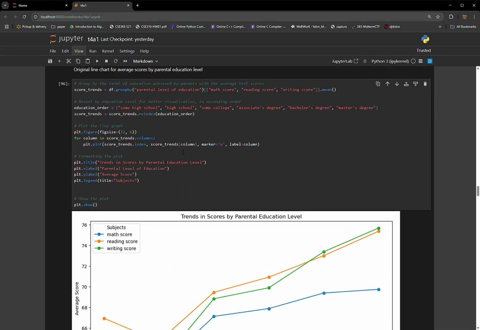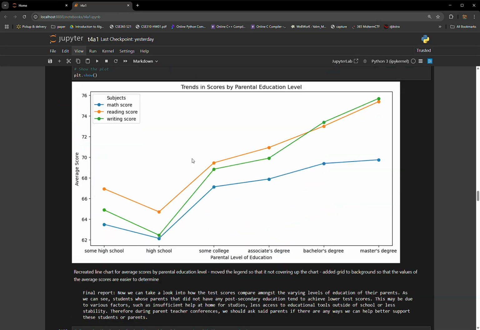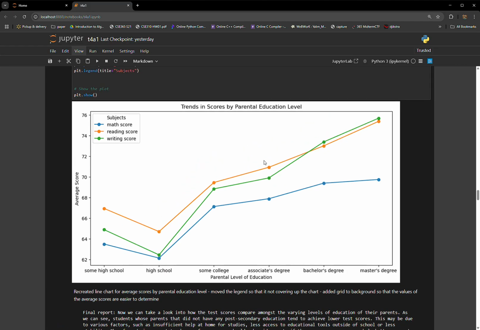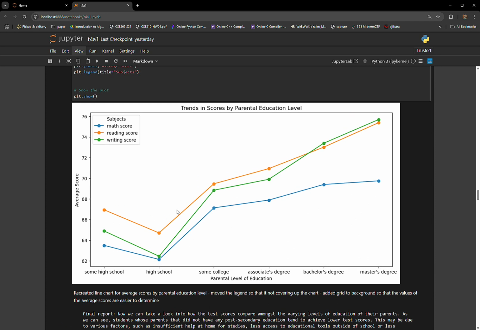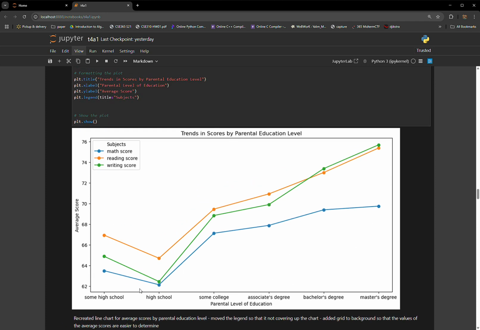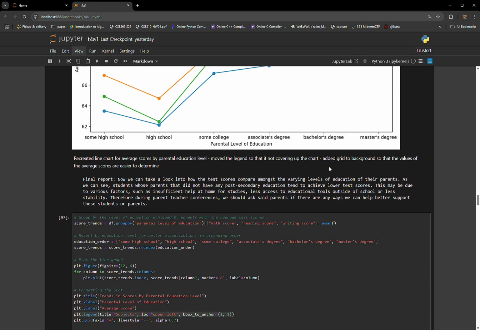And then next I did a line chart comparing the test scores with the parent educational level. As we can see, the students whose parents completed less education tend to test more poorly compared to those who had a higher level of education.